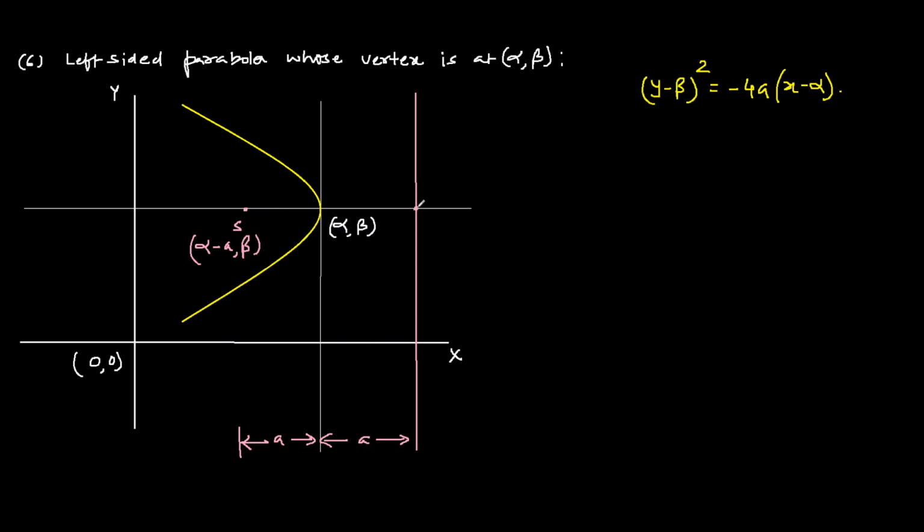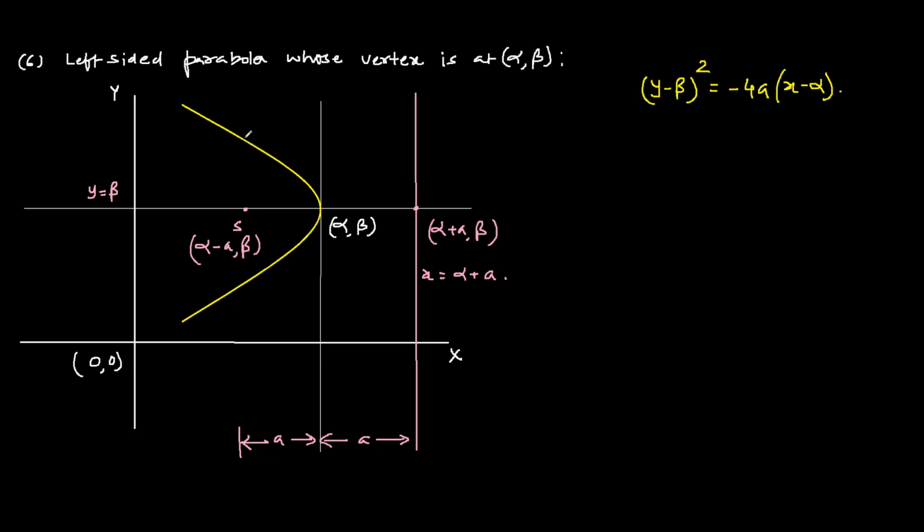So this point on the principal axis is alpha plus a comma beta. So the equation of the directrix is x equal to alpha plus a. The principal axis is parallel to the x axis, and here the value of y is beta. So this is the equation for the principal axis, y equal to beta.